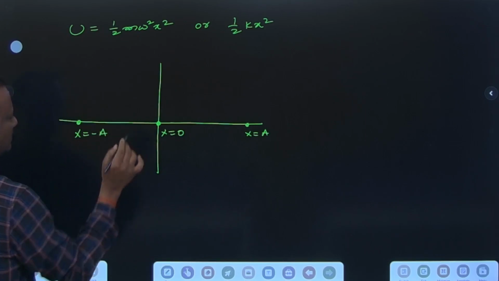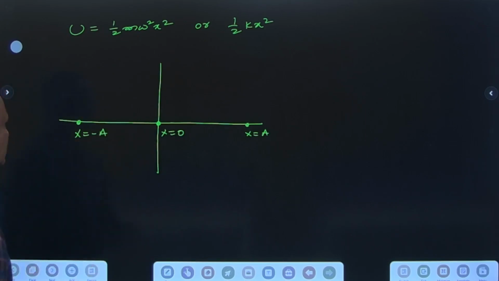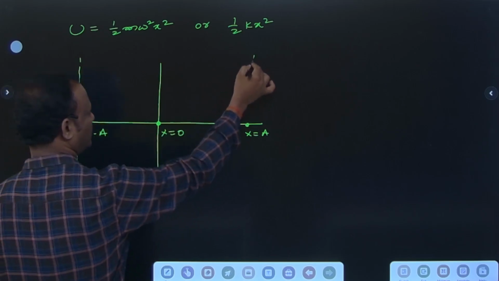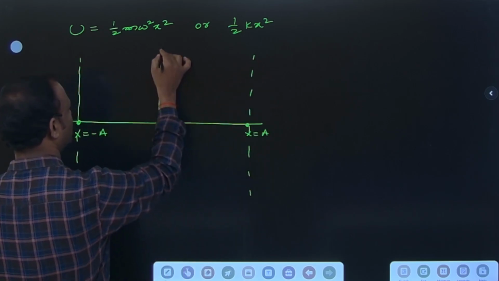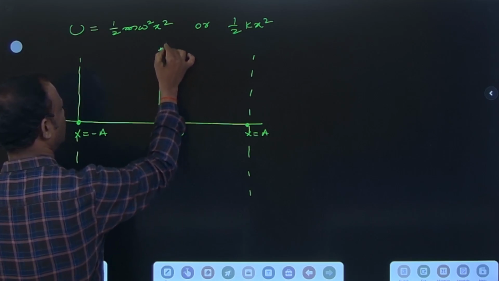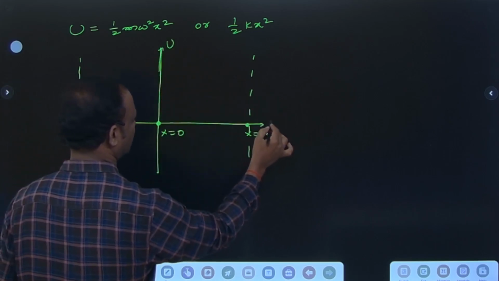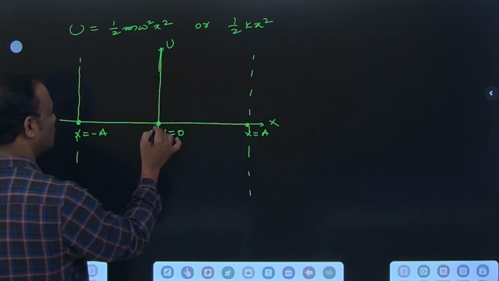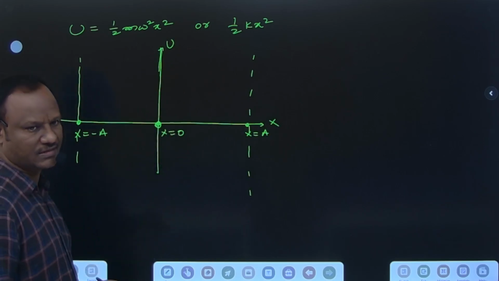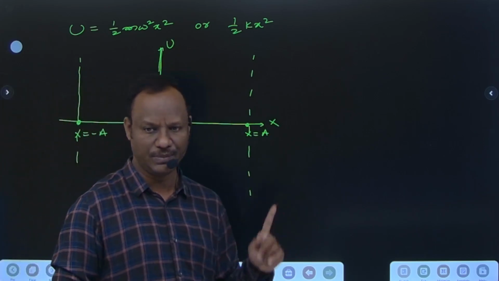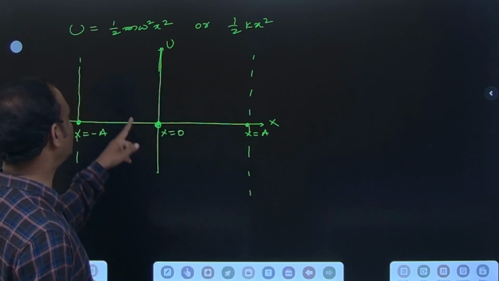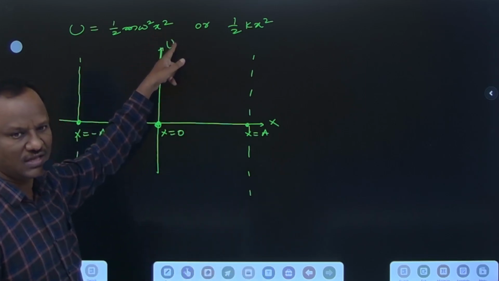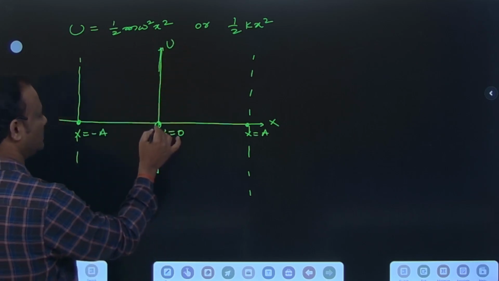This is the potential energy versus position graph. At x is equal to 0, which is the mean position, what is the potential energy? If you substitute 0 in place of x, the answer is 0.